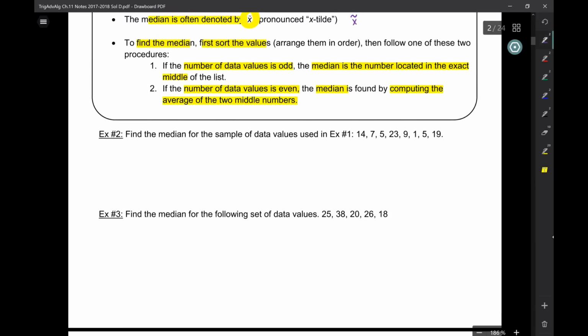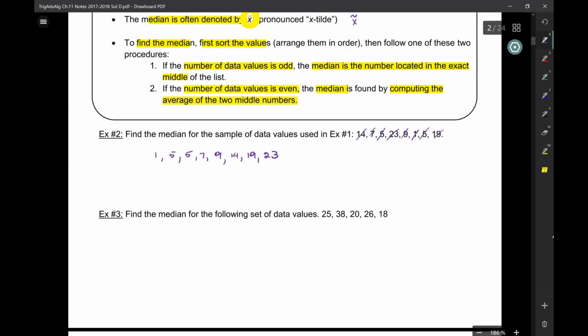So let's take a look at this. How many are in here? 1, 2, 3. Oh, we can't even do that. First we have to sort it, right? So let's sort this: 1, 5. Here's how I do this, by the way. Every time I use one, I cross it out. 5, 7, 9, 14, 19, 23.